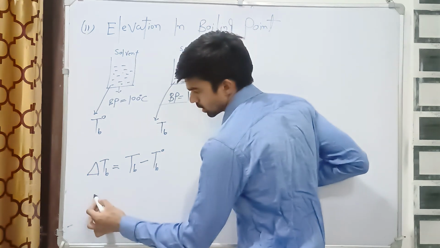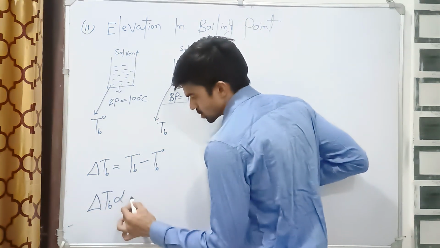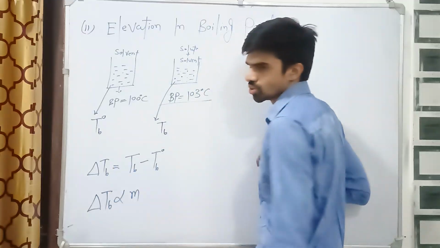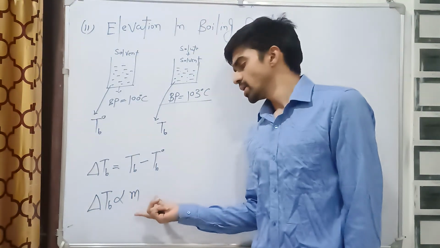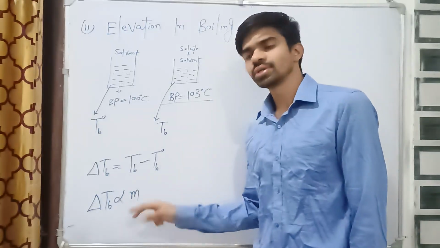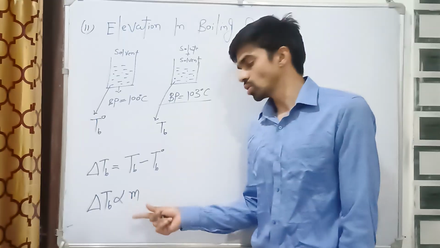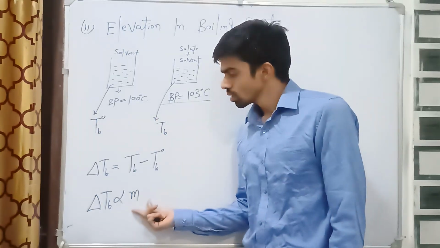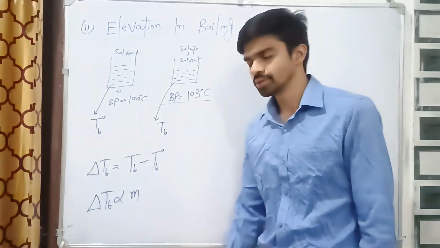Again write one more thing, this elevation in boiling point is directly proportional to the molality of the solution. Molality is what? Molality is the number of moles of solute present in 1 kilogram of solvent. So the more the number of solute will be there, the more elevation in boiling point will be there.